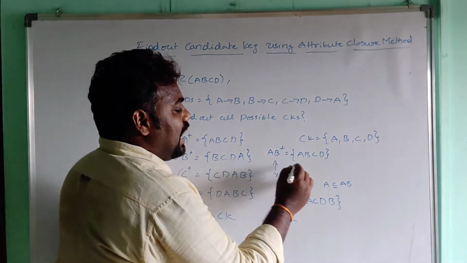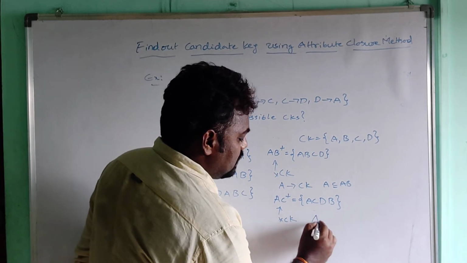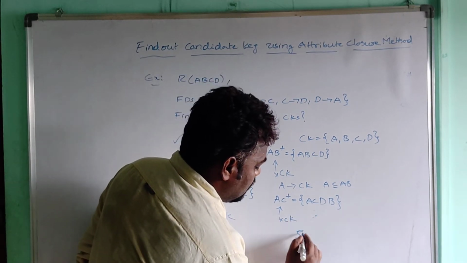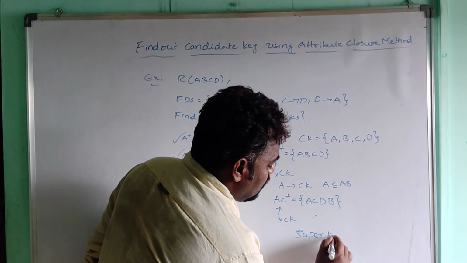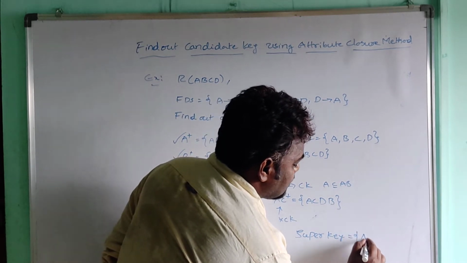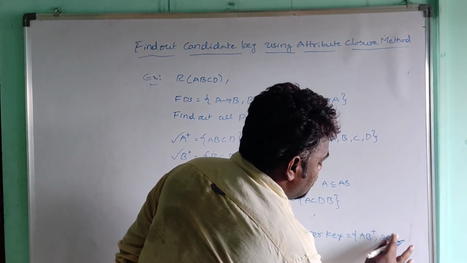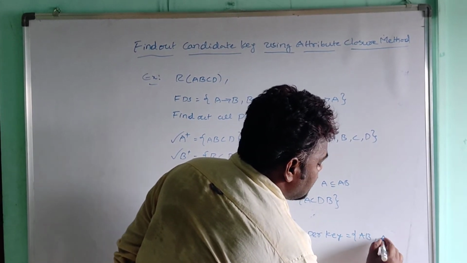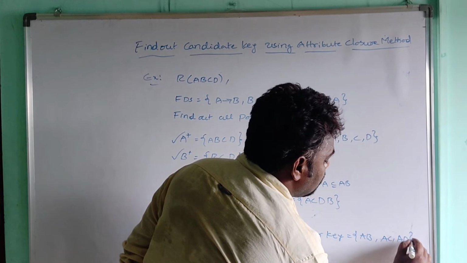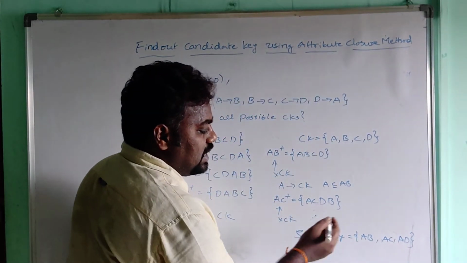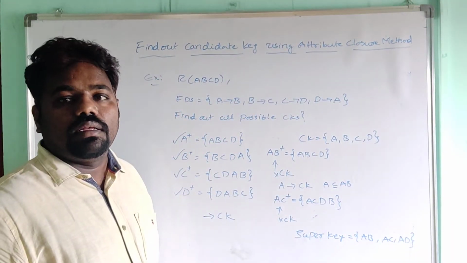Otherwise, these are all super keys: AB plus, AC plus, AB comma AC comma AD, and these all are super keys.